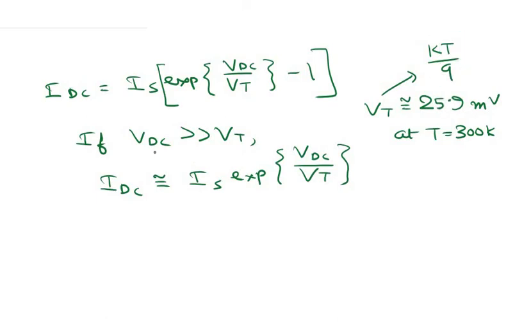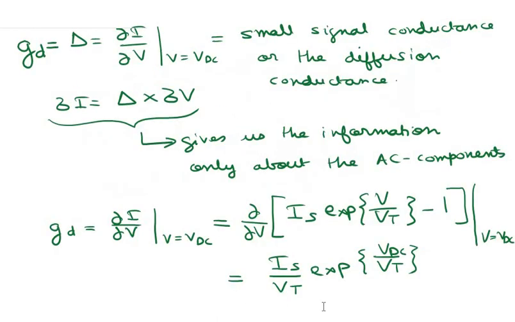And VDC is always greater than V gamma in this kind of cases, and V gamma is greater than 0.3 volts, so this condition is always satisfied. So IDC is approximately equal to Is exponential VDC by Vt. So this becomes approximately IDC divided by Vt. So the small signal or diffusion conductance is IDC divided by Vt.